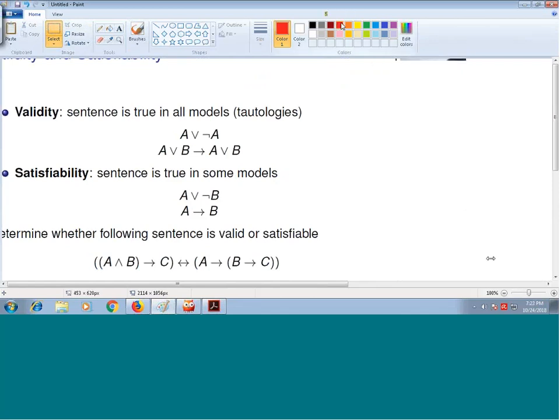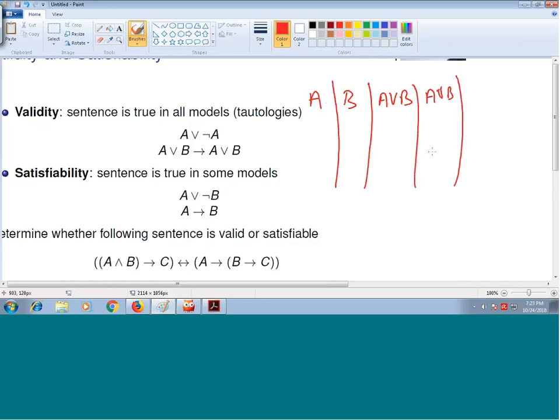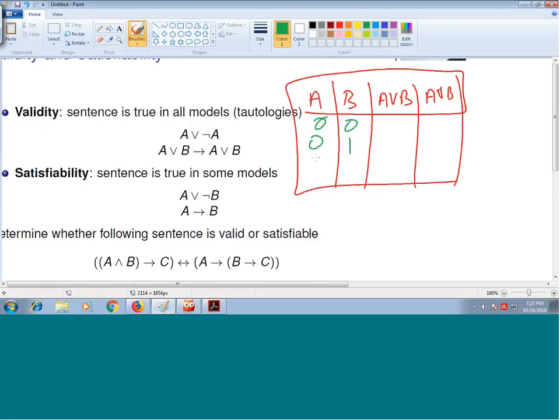You write A, you write B, you write A or B, and you write A or B again, and you create this table. This is just a copy. So what are the values possible? 0, 0, 0, 1, 1, 0, 1, 1. Let me draw this line, and I would say this thing.